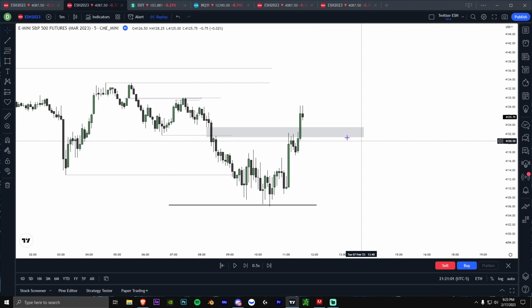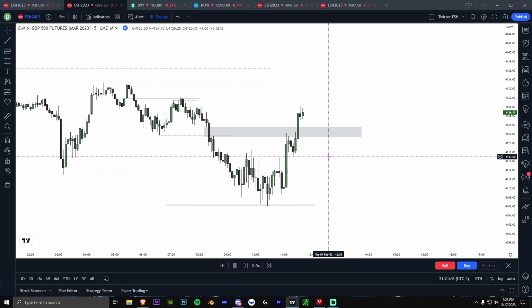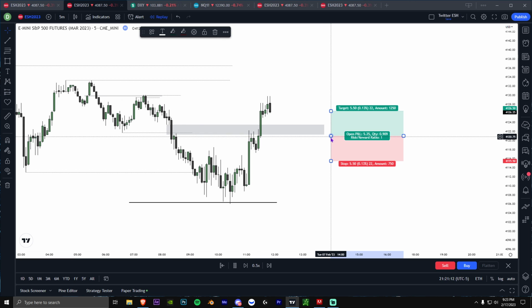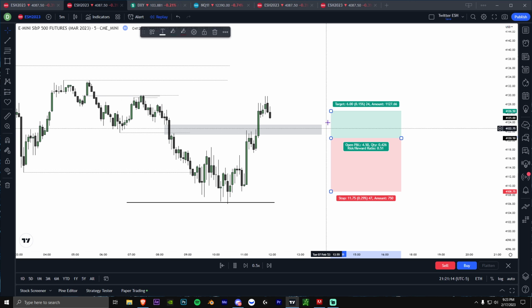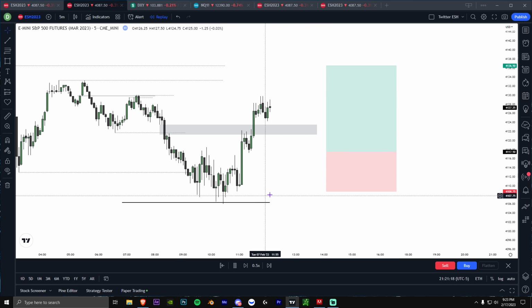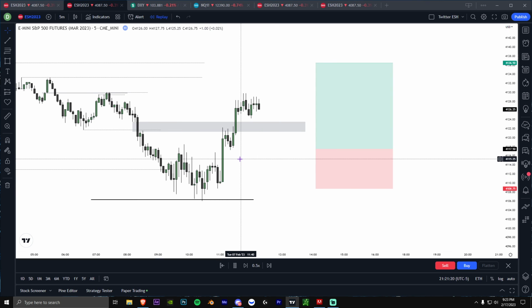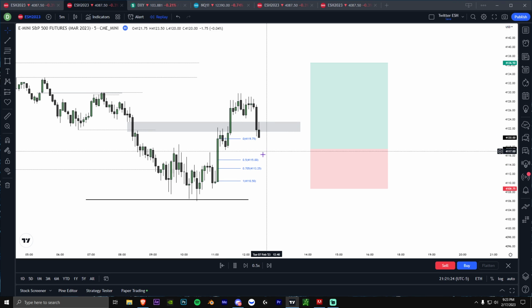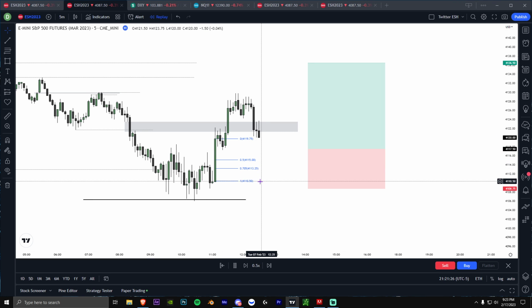Yeah. Also, this is one of those inversion fair value gaps as well. So I probably want to see that hold. Yeah, I wouldn't either.